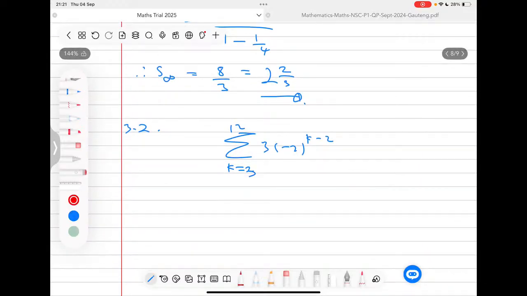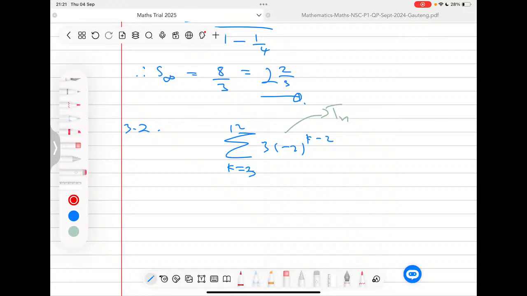Now, just to revise sigma notation, you should know this, that we are saying here we are adding terms of this series. This will represent the series. This is like Tn here. It represents the general formula of a sequence or a series.